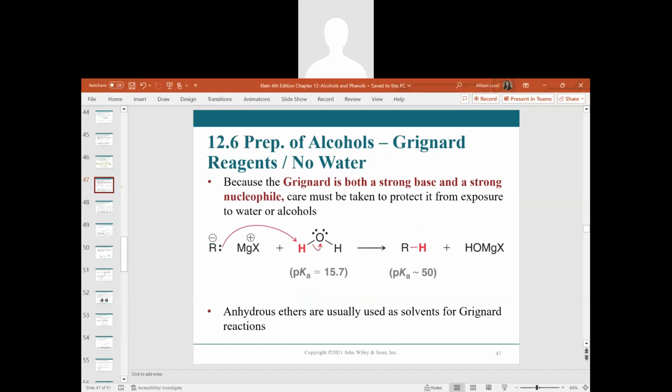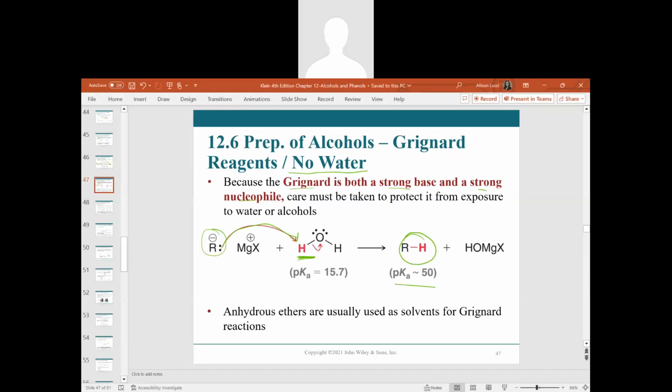So we have to be careful when we want to prepare alcohols with Grignard reagents that there's no water involved, because again, the Grignard is both a strong base and a strong nucleophile. So it can act as a base: if water has this acidic proton, it can come and grab it, and then we end up forming this compound here, like an alkane, right?